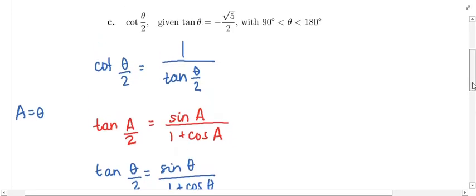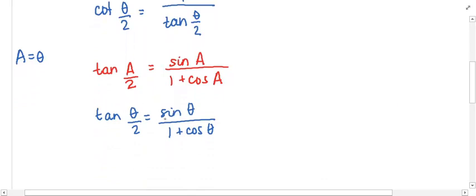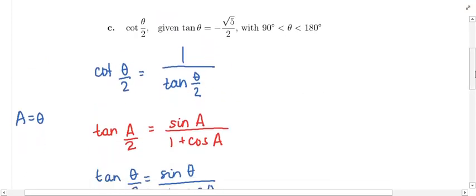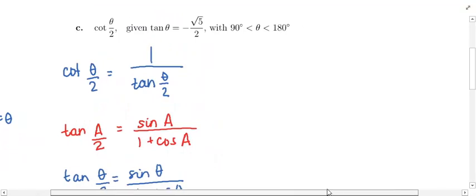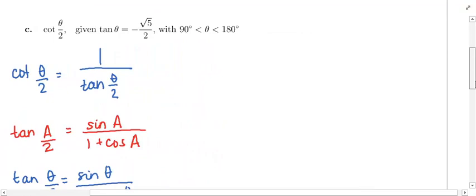So in order to plug into this formula, we need the sine of theta and we need the cosine of theta. Look at what we're given. We're given the tangent of theta. So from that information, we'll have to come up with the sine and the cosine.